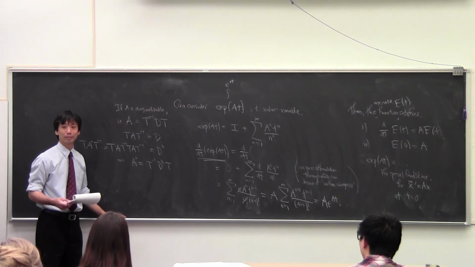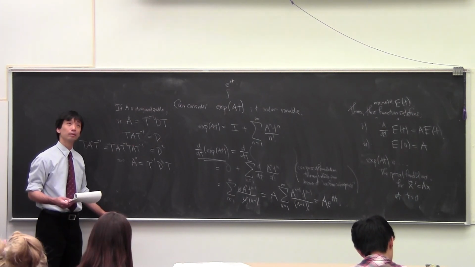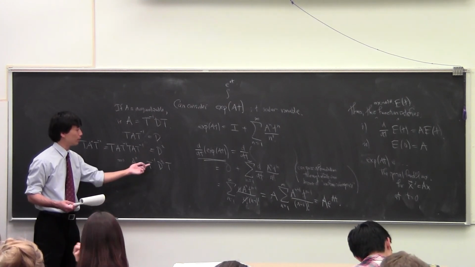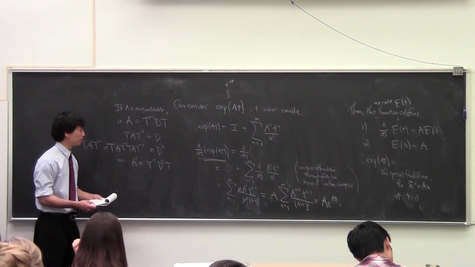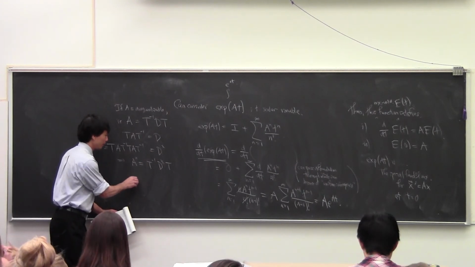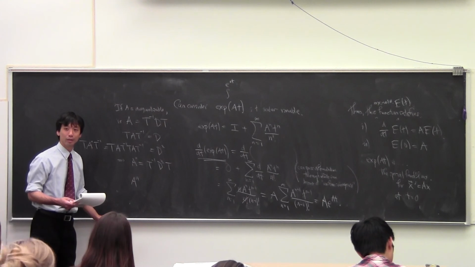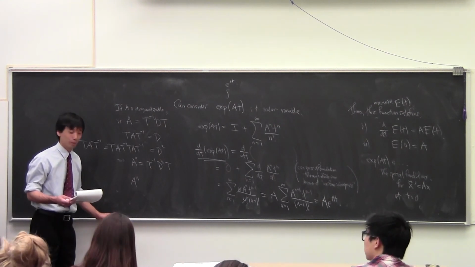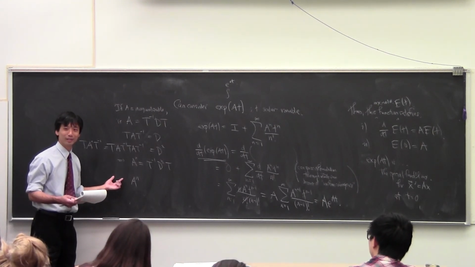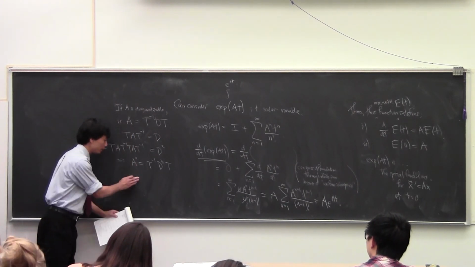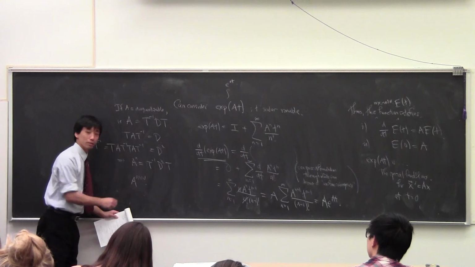What do you mean by calculated? If somebody gives you a matrix and says, what is this matrix to the n power? Well, how do you do it? You have to start multiplying. If I said, what is A to the thousandth power?